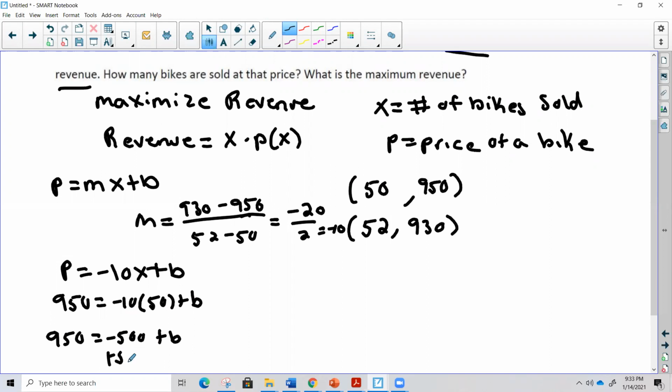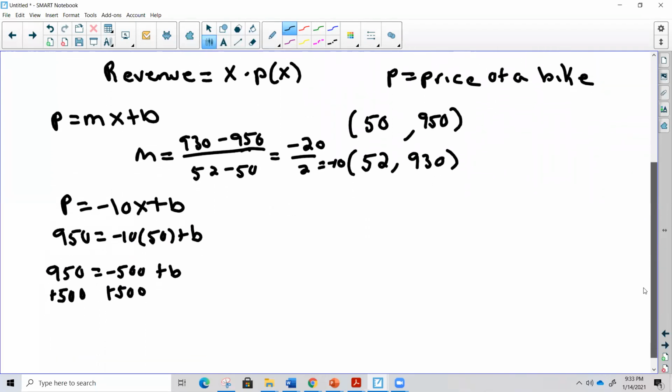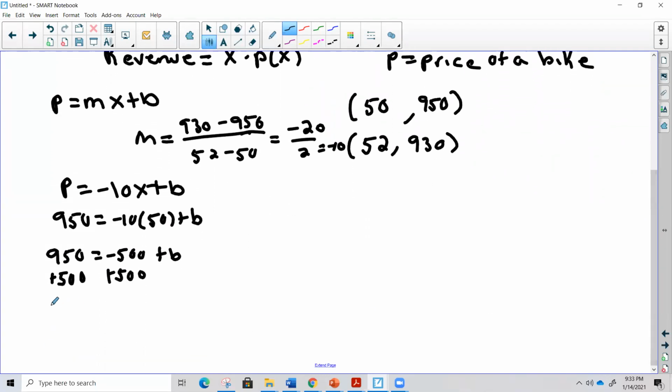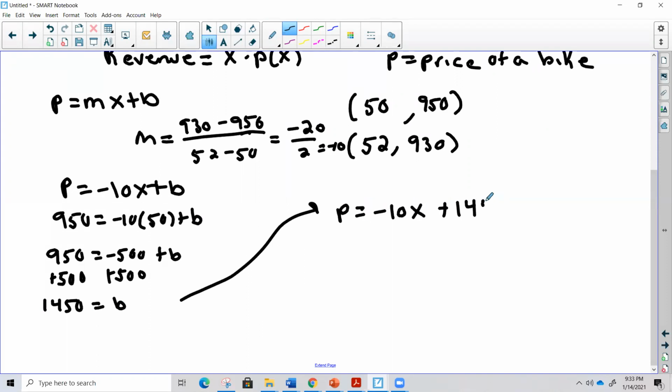And then I would add 500 to both sides to get B. And this gives me 1450. Okay, so my price function is negative 10x plus 1450.